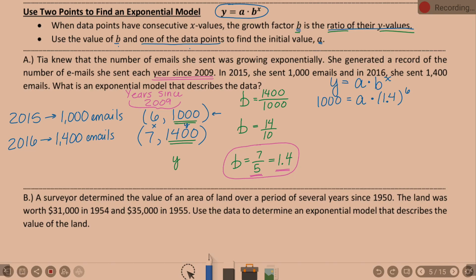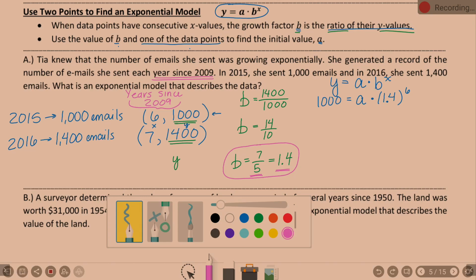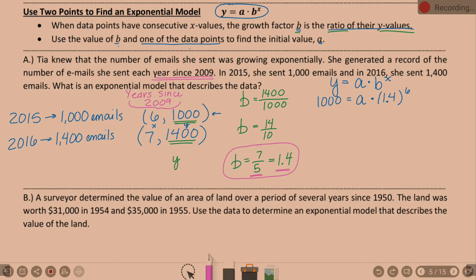Before I delve into the calculator, how do I find A, just generally speaking? If it's A times 1.4 to the 6th, how are you going to get A by itself? What's the opposite of timesing? Dividing.